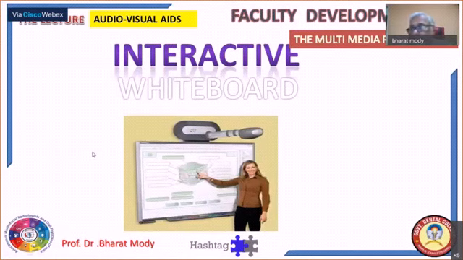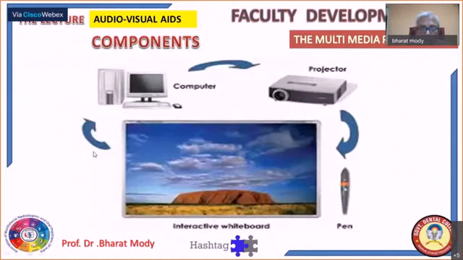Interactive whiteboard is something which we need to incorporate in our teaching process. Components are that there is a computer, there is a smart board called the interactive whiteboard, there is a projector, and there is a pen.